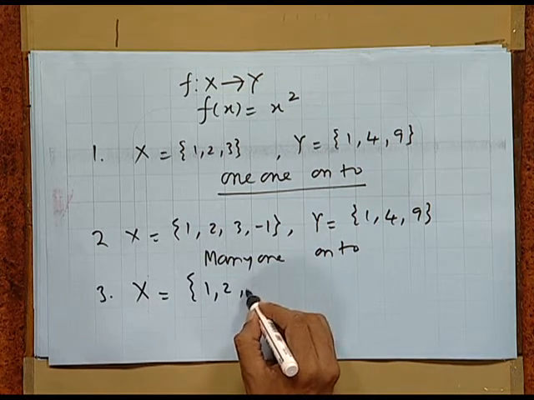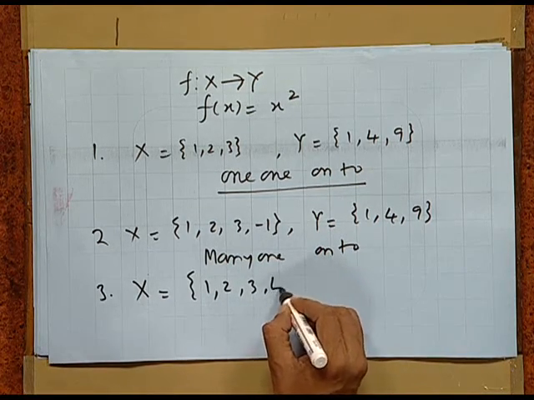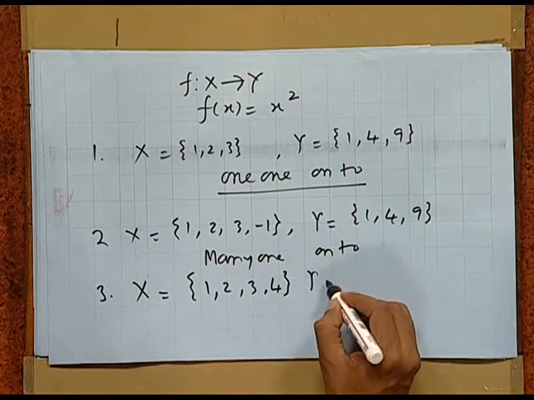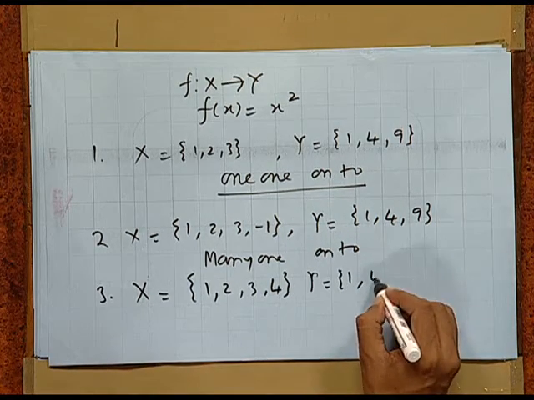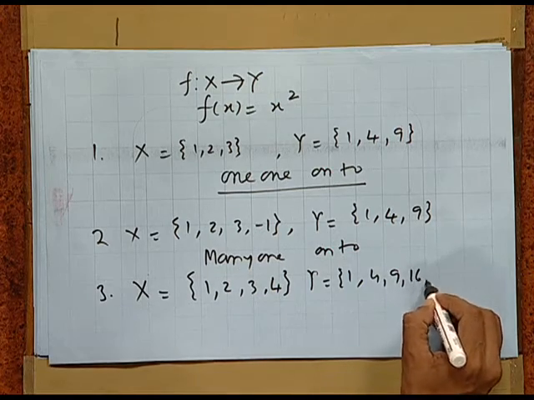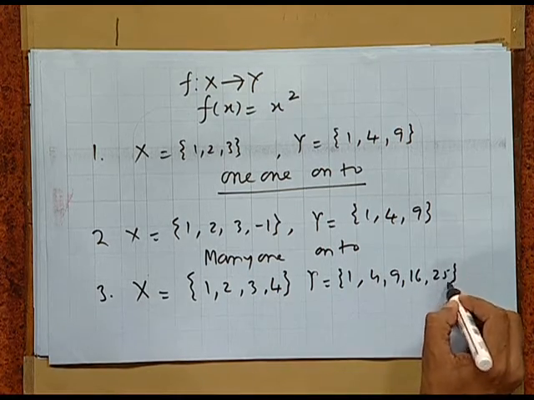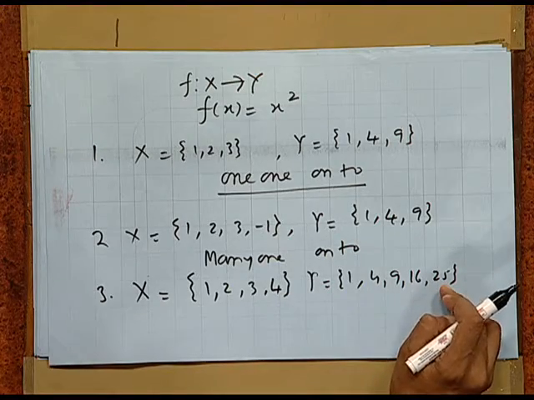Take the third case. X is 1, 2, 3, 4, Y is 1, 4, 9, 16, 25. First question, is it a function? Yes, because every element has an image and no element has more than one image.